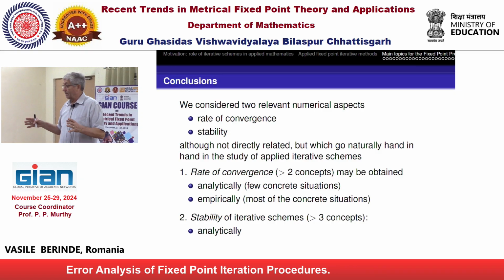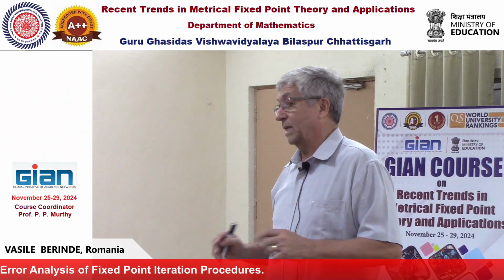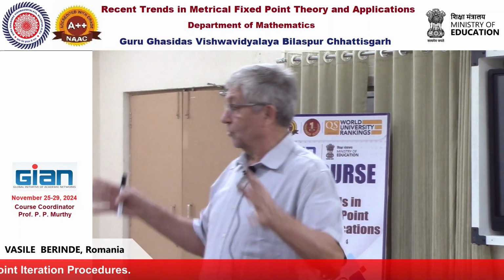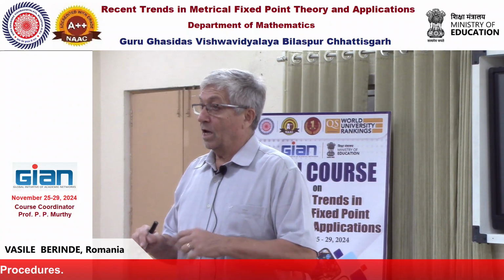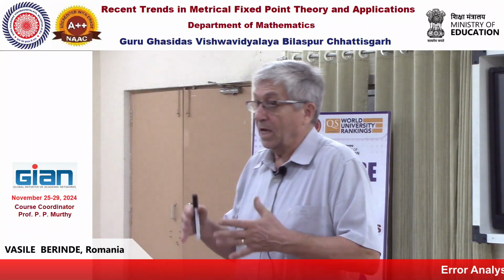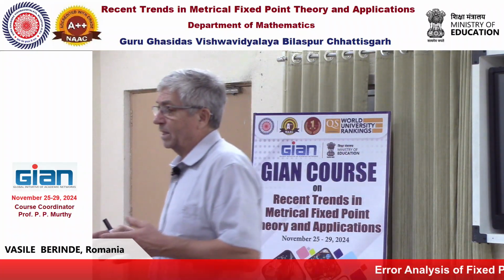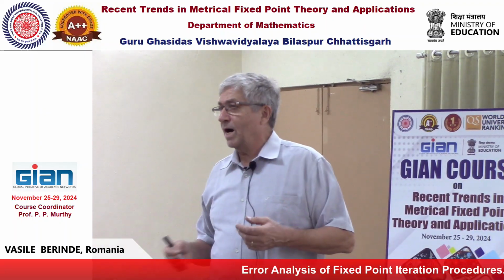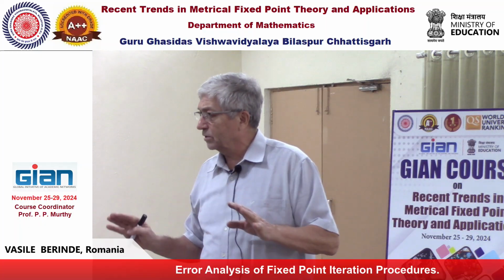We have a problem, let's say a split feasibility problem. We take an algorithm and we prove the convergence theoretically, and we submit the paper to a journal. After a while we get the reports of the referees.